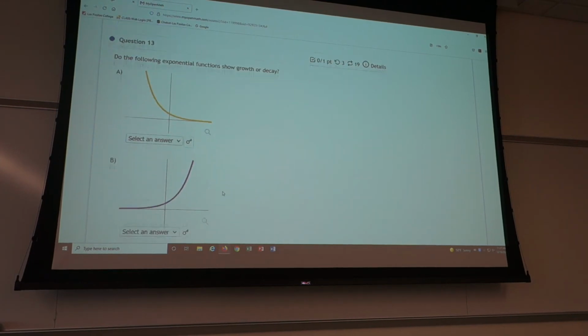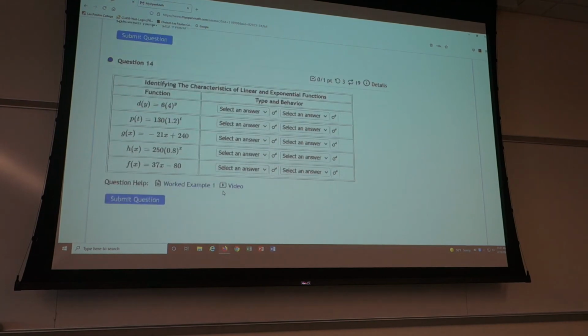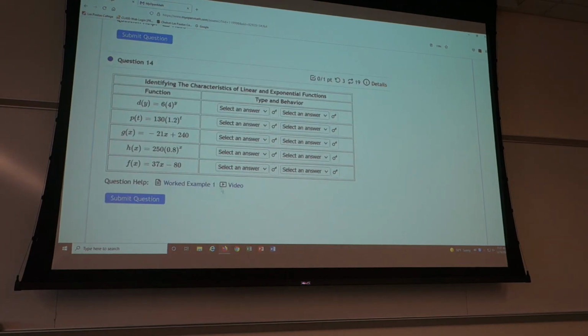And then just growth and decay, I feel like that should be pretty straightforward. Right, and I wanted you folks to realize that, is this first one linear or exponential? So here's my variable.